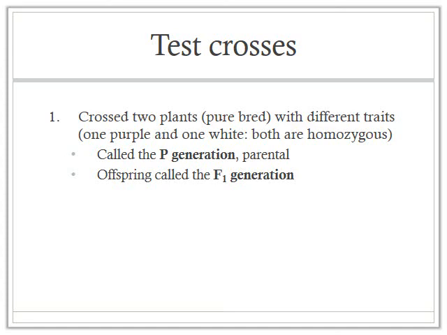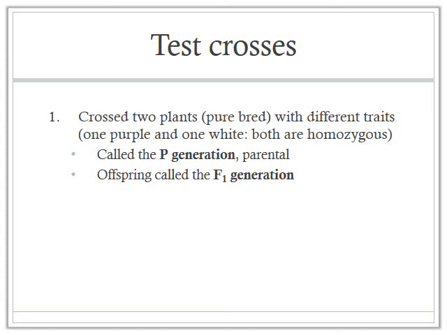So test crossing. He crossed 2 plants, the purebreds, with different traits. An example here, purple plant, white plant. Both of them were homozygous. Not knowing exactly which is dominant or recessive, but they were homozygous just the same, purebred.